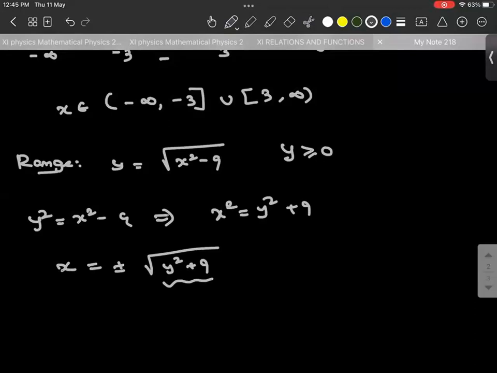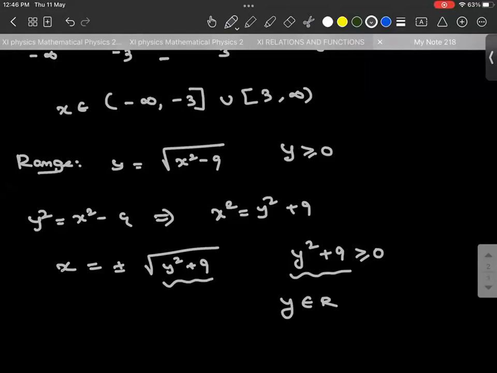So for the square root of y square plus 9, y square plus 9 should be greater than or equal to 0. Y square is always a positive number, 9 is a positive number, and the sum of two positive numbers will always be positive. So in this case I can write y belongs to R, because y square plus 9 is always greater than or equal to 0, whether you substitute a negative or positive real number.